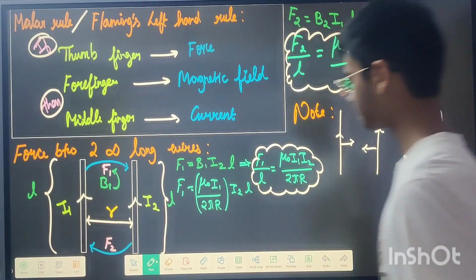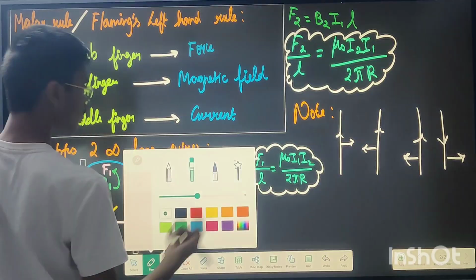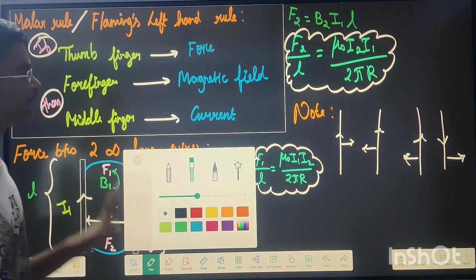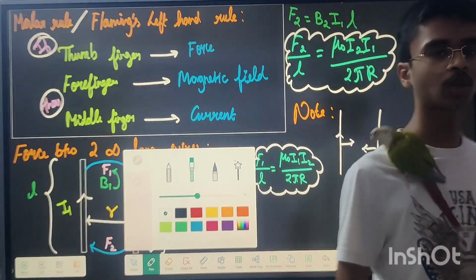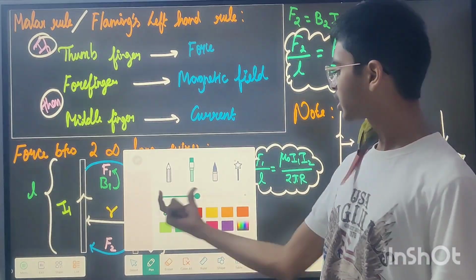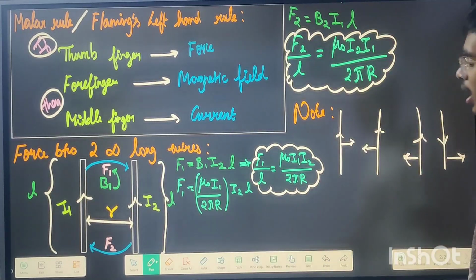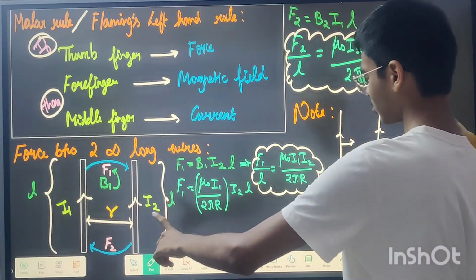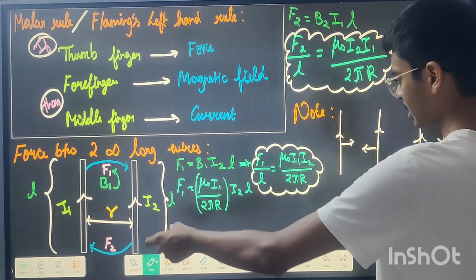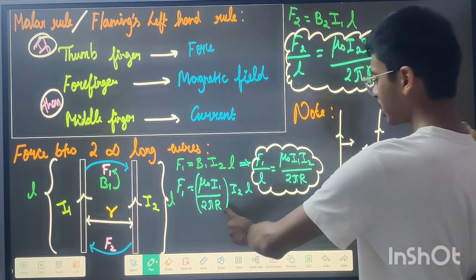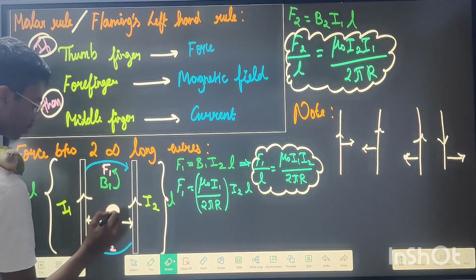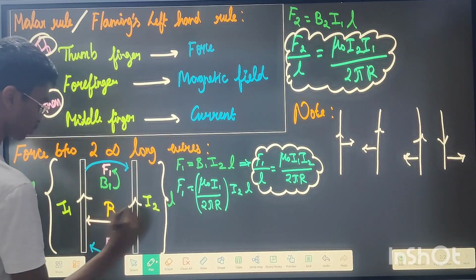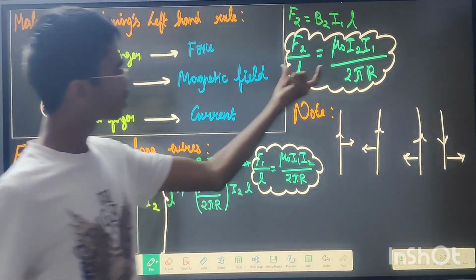Next is this value you are going to calculate. The value you are going to calculate when the length is 1 meter, and the current is also 1 ampere in both the wires. And the distance between these two wires, here I have set it as small r. Okay, I will convert this into capital R. Okay, so here this is what you got.